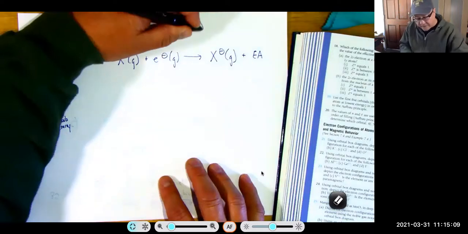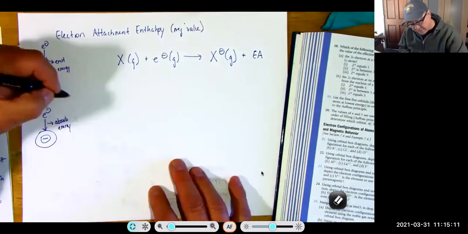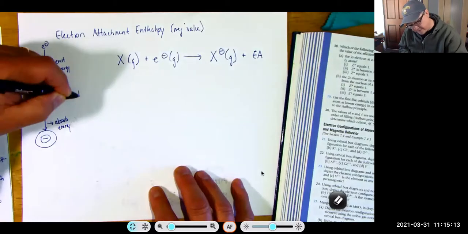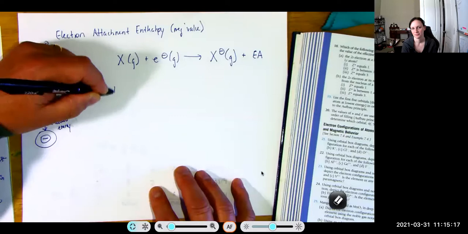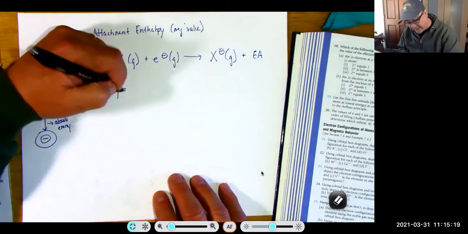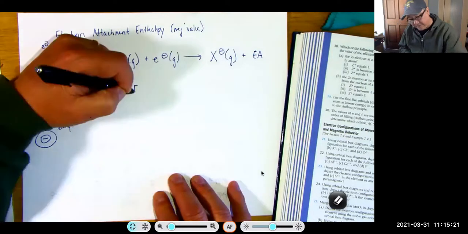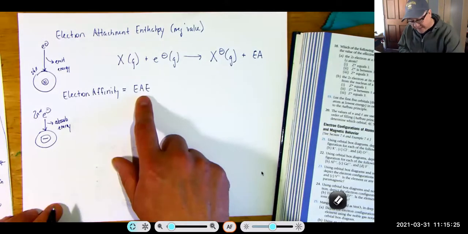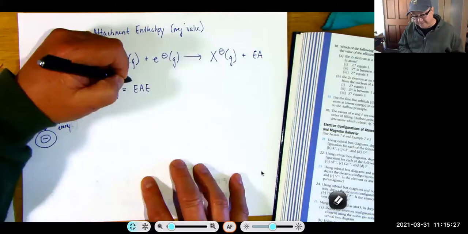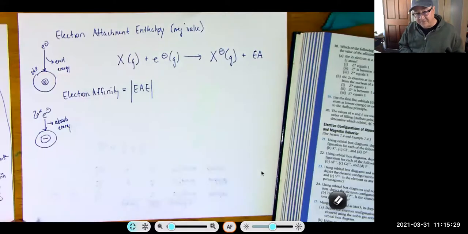Now, there is something else called electron affinity. And electron affinity is basically equal to the electron attachment enthalpy. I'm going to call that EAE, but it's the absolute value of that. So if this is a negative value, this is a positive value.